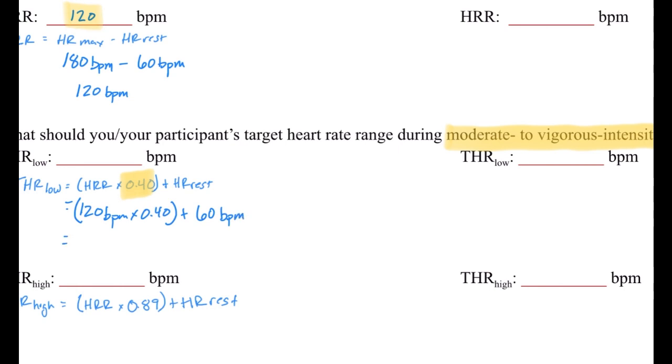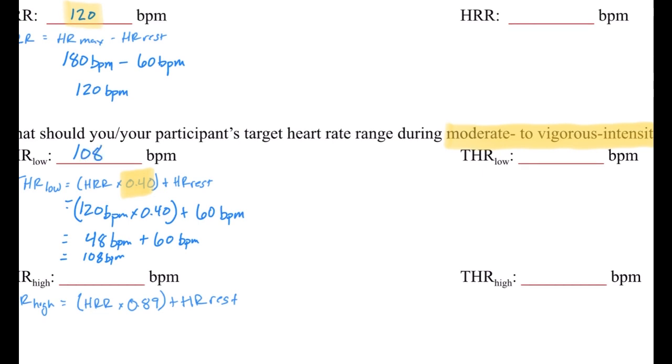We'll work in our parentheses first. 120 times 0.4 is 48 beats per minute, plus 60 beats per minute. 48 plus 60 is 108 BPM. So I'm going to put 108 right here for my target heart rate range low.